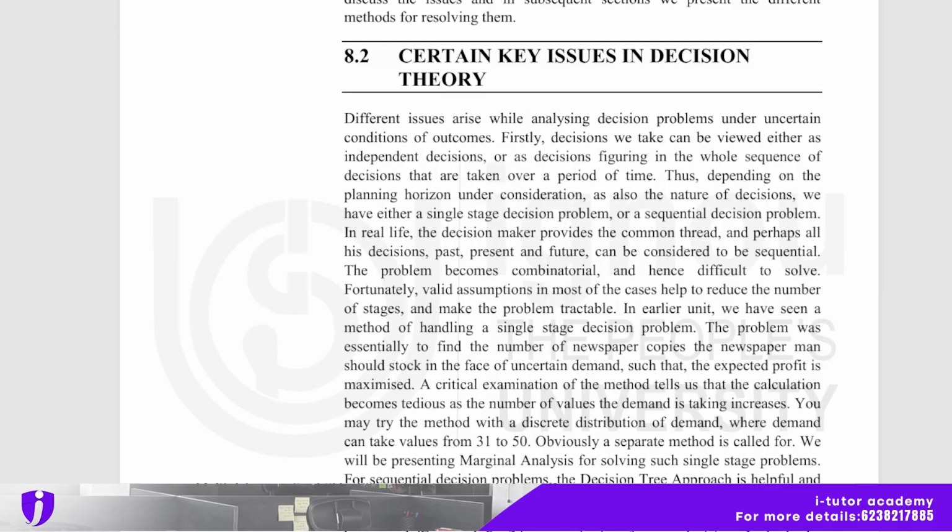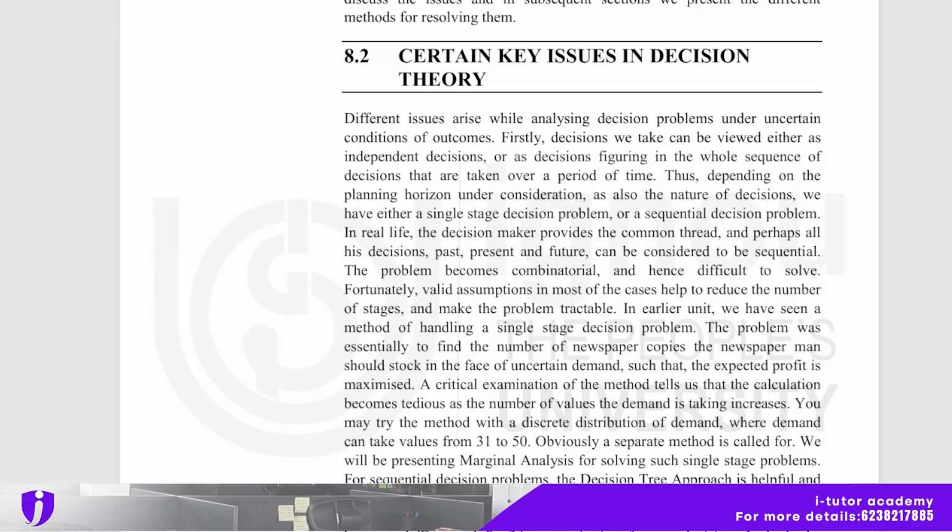In an earlier unit, we have seen a method of handling a single stage decision problem. The problem was essentially to find the number of newspaper copies the newspaper man should stock in the face of uncertain demand, such that the expected profit is maximized.